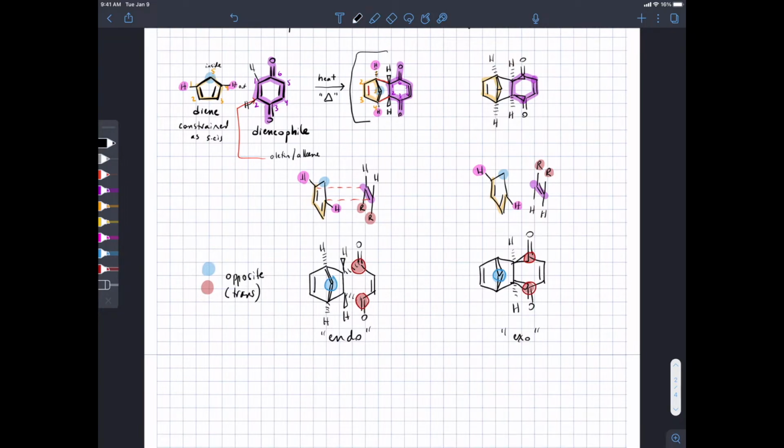A rule of thumb that applies sometimes, it's just empirical, it's just been observed, is that the endo product is usually preferred. Now, I'm not going to ask you to tell me which is the preferred product, though I will ask you, when possible, to identify which is endo versus exo. Okay.